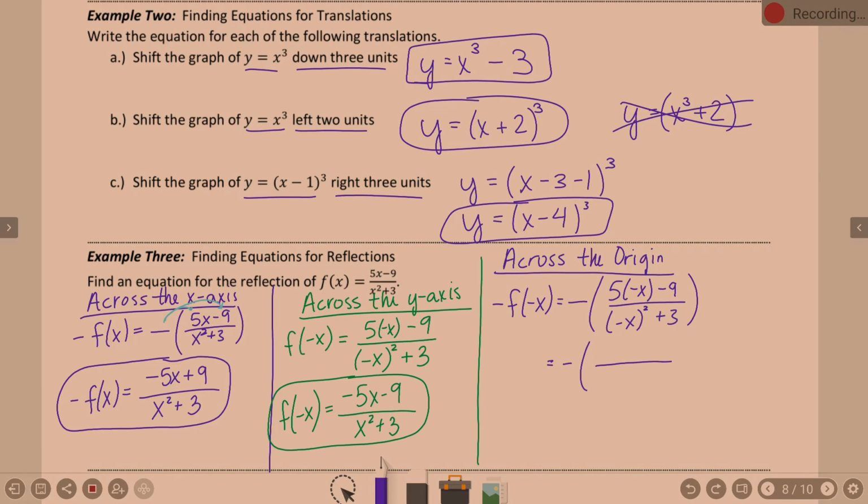So it's negative 5x minus 9 over x squared plus 3. What do I need to do with that negative out front? Distribute it to either numerator or denominator, yes? So negative f of negative x becomes positive 5x plus 9 over x squared plus 3 still.